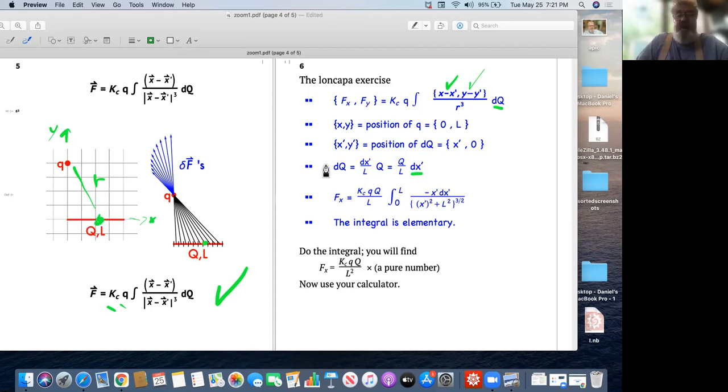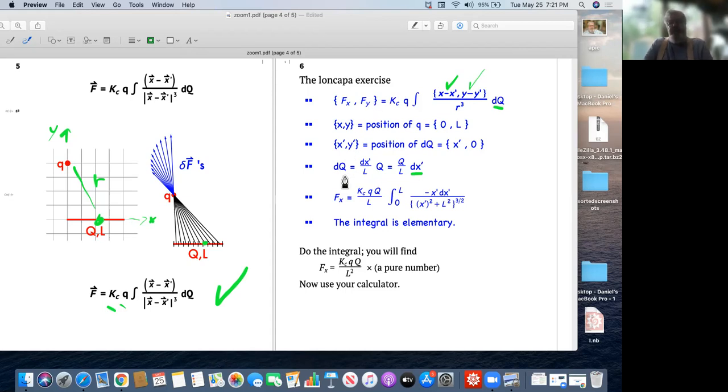So the fraction of the length is dx prime over L. That's the fractional part of the rod. And that times Q gives me dq, the amount of charge in that little section. Or I could write this as Q over L dx prime. So I'm going to integrate along the rod. I'll have an integral dx prime.